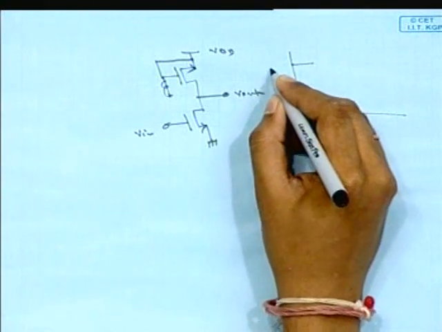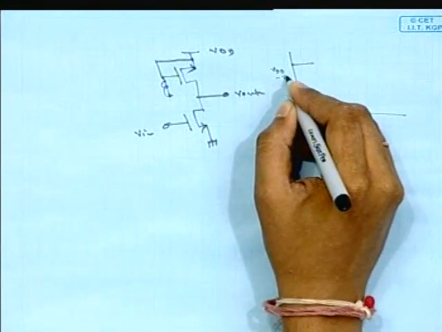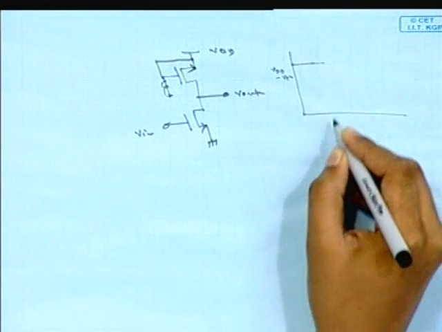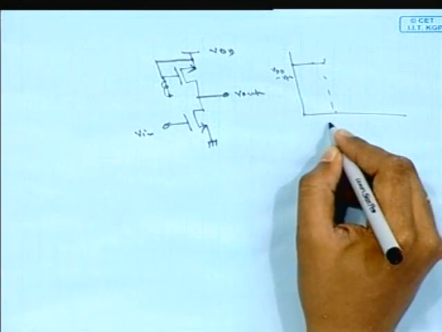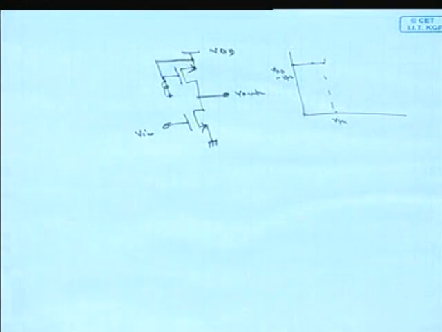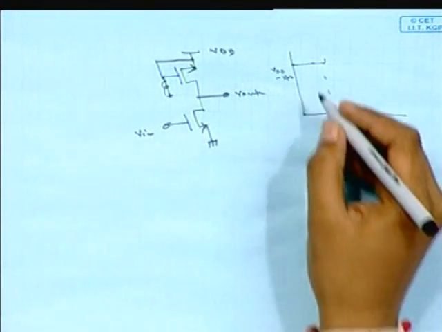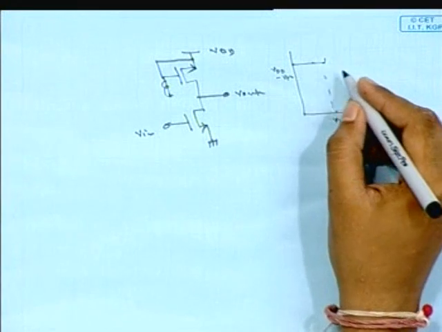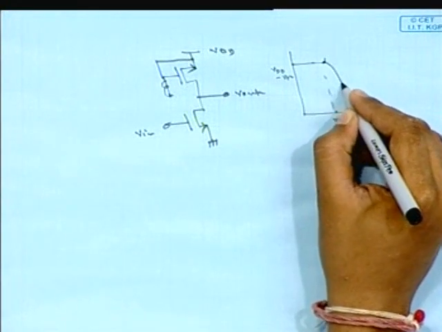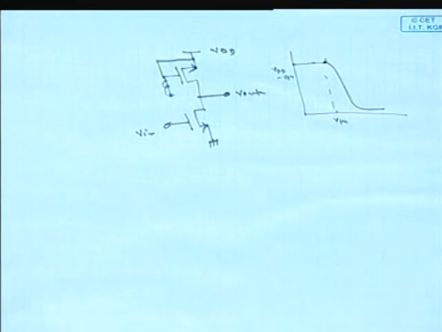So the output voltage is VDD minus Vth whenever the input voltage is greater than 0 and less than or equal to Vth. Okay, and whenever we increase that Vin, we will get the same characteristics as in the resistive load CS stage, but the maximum voltage is not VDD here, it is VDD minus Vth.